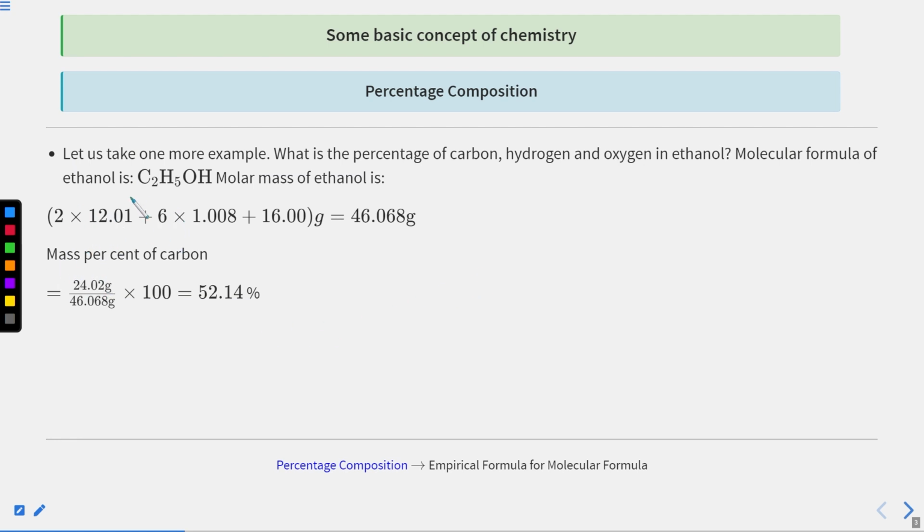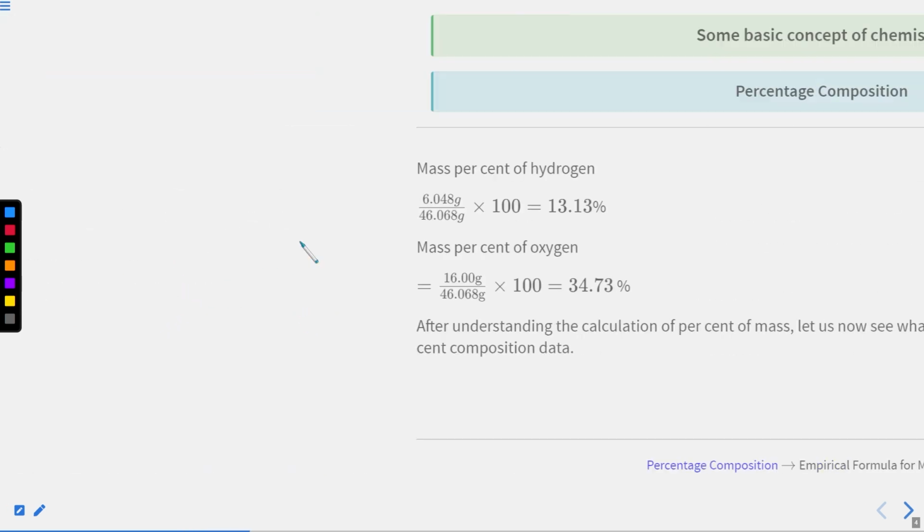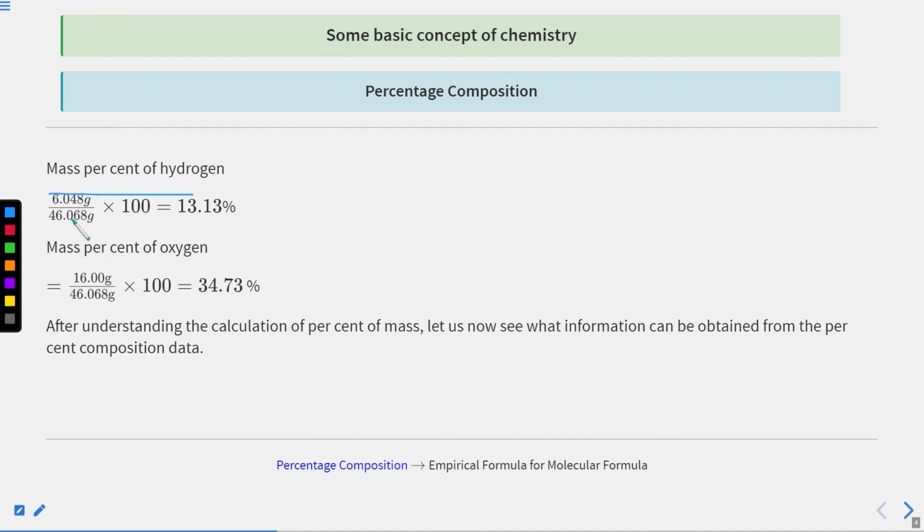Two carbon atoms are present, so that is 24, and 24 plus 6 is 30, and 30 plus 16 is 46. That is 52.14. Next for hydrogen, 6.048 over 46.068 gives us 13.13%. Now the mass percent of oxygen, that is 16 grams by 46.068, which gives us 34.73. So carbon has the highest mass percentage, then we have oxygen, and then hydrogen.